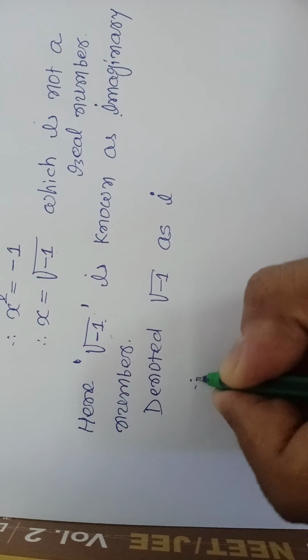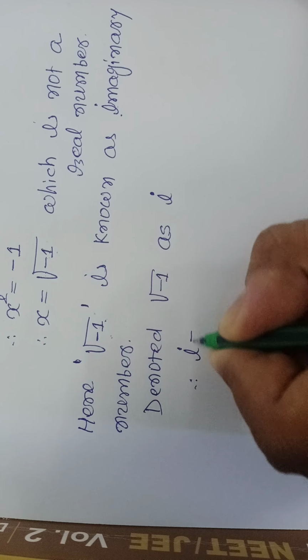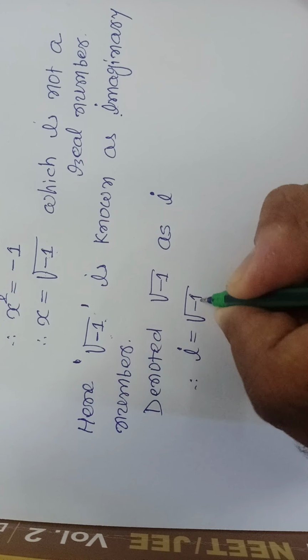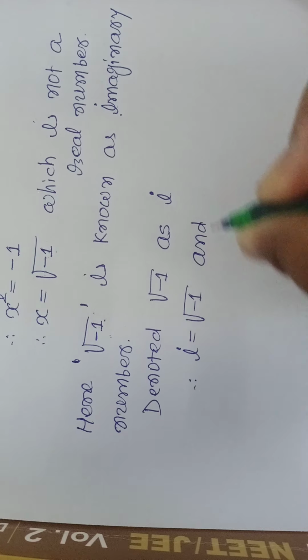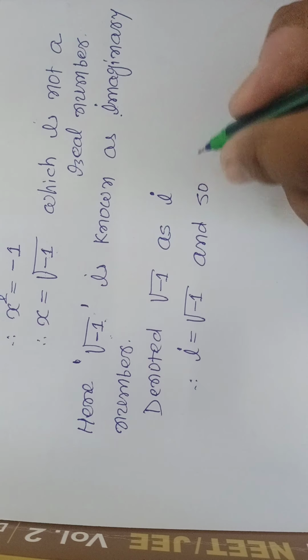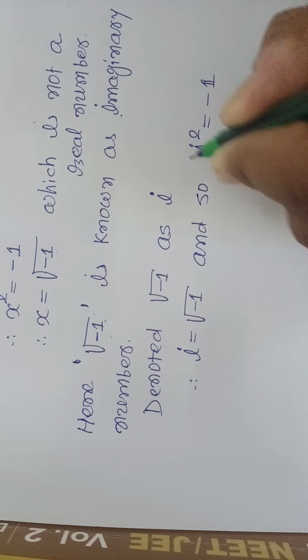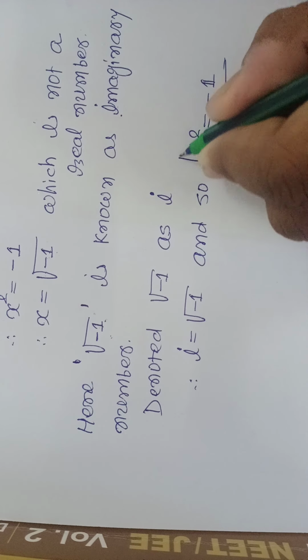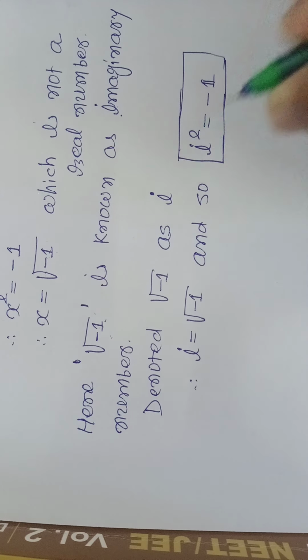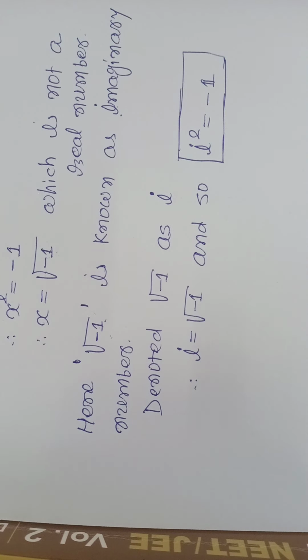Therefore i is under root minus 1. And so we arrive at a very important result, that is i square is minus 1. So i is the number which is square root minus 1 and whose square is minus 1.